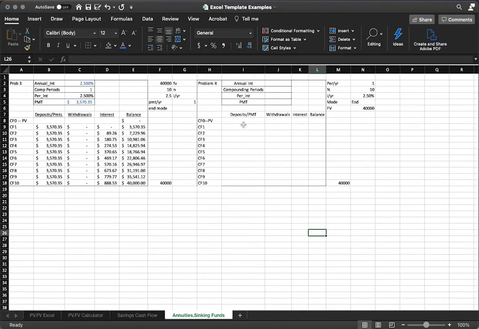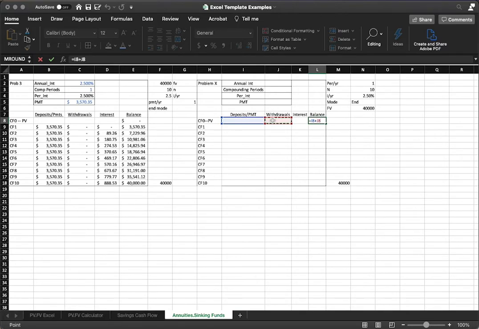Alrighty, now let's write up our formula so that we are accounting for things appropriately. Our balance, we're not going to have any interest accrue on the first day. Interest won't have accrued, it won't have time to accrue. So our balance is going to equal deposits plus our withdrawals.